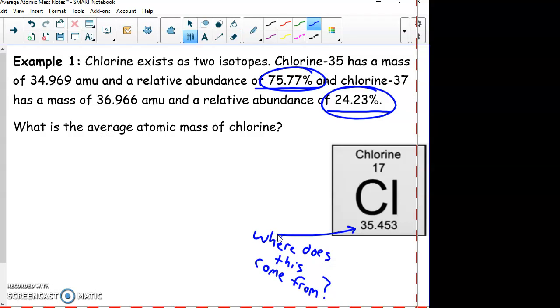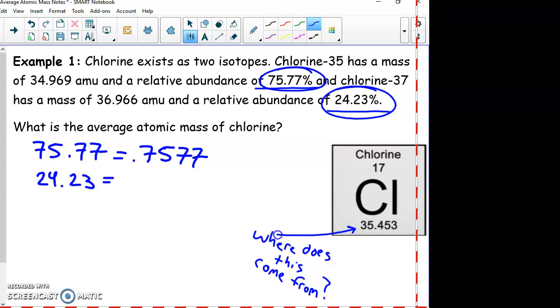So for our first one, 75.77 is going to become 0.7577 as a decimal. 24.23 becomes 0.2423 as a decimal. And we're going to apply these to the masses that we have.